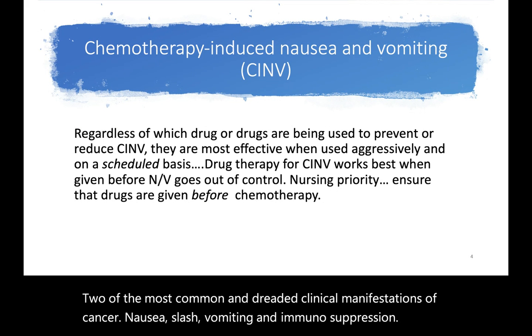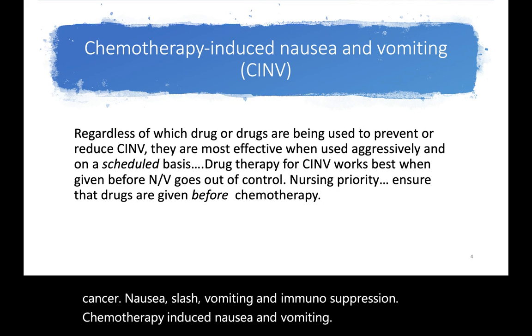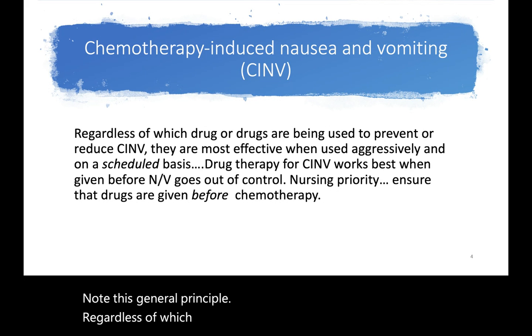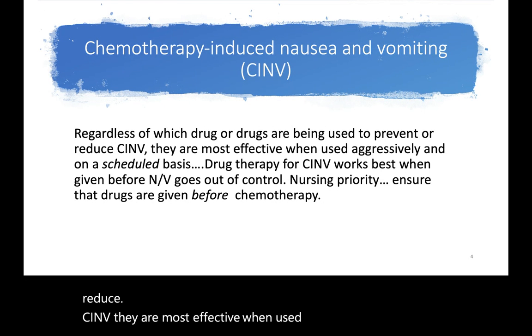Chemotherapy-induced nausea and vomiting. Note this general principle. Regardless of which drug or drugs are being used to prevent or reduce CINV, they are most effective when used aggressively and on a scheduled basis.